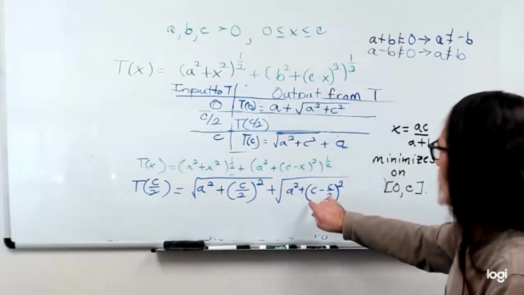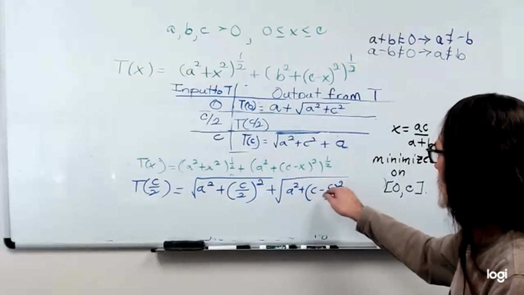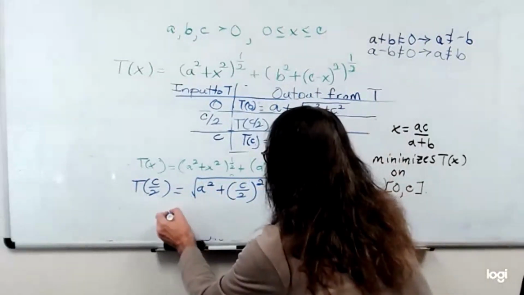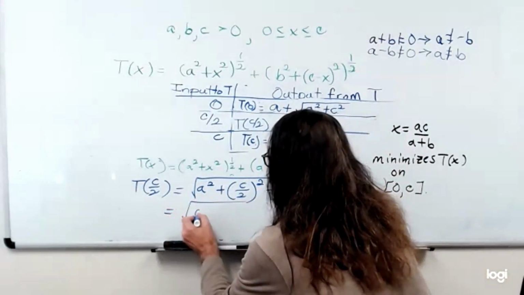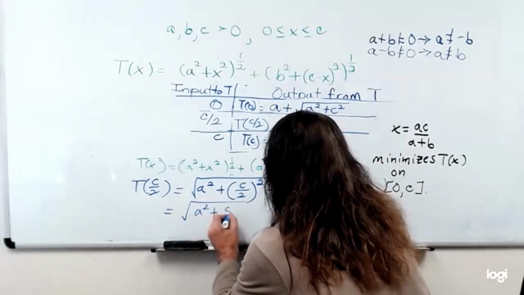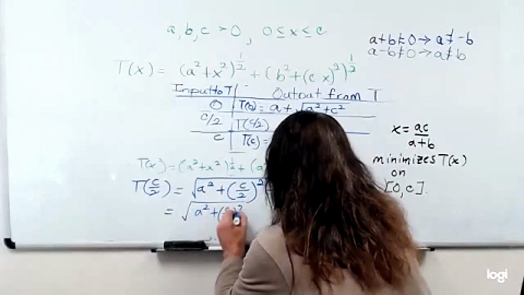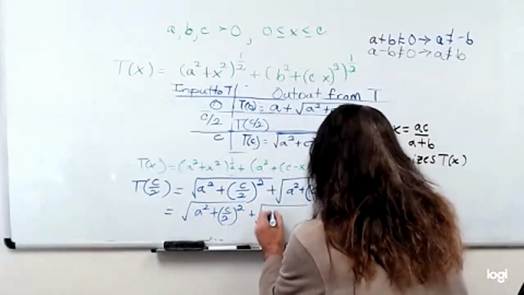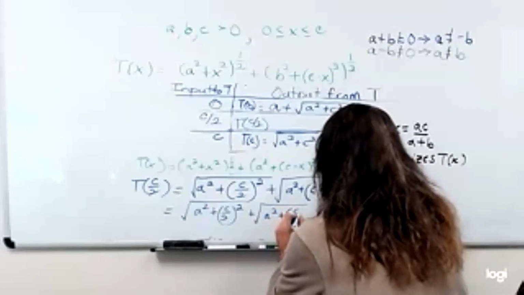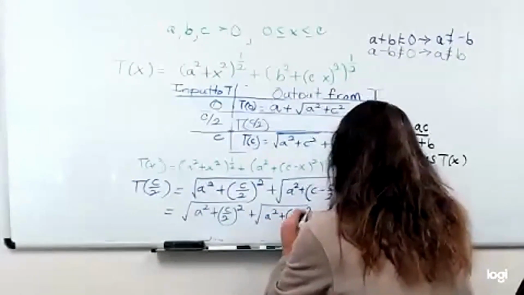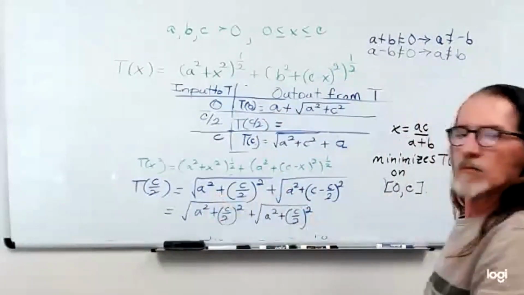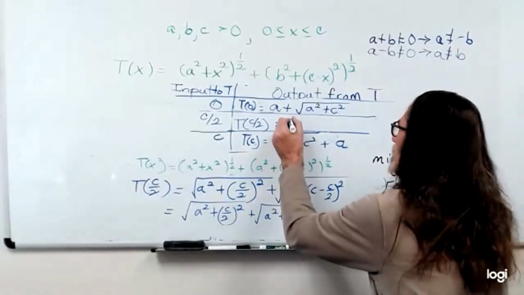c minus c over 2, that would be 2c minus c all over 2, so just c over 2. In other words, we've got the same thing under both square roots, so 2 times that.